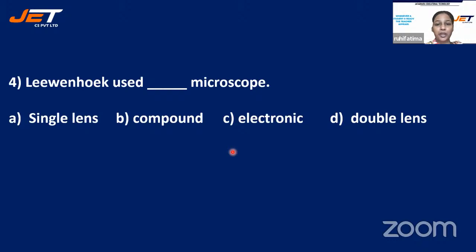Leeuwenhoek used dash microscope. Come on, students. This is a very easy question. If you use your mind also, then also you can answer. 30 seconds you have and the chat box is open for you. Keep answering.